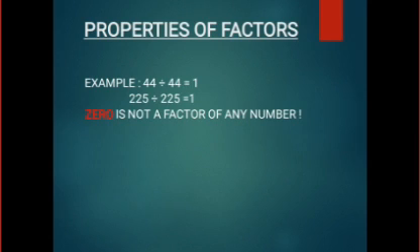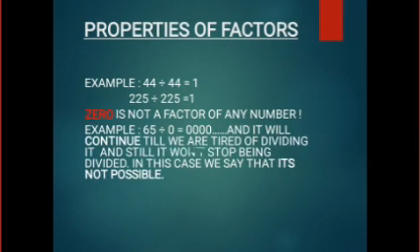Let's see an example where 65 is divided by 0; I get 0, 0, 0, 0, 0 and so on. It will continue till we are tired of dividing and still it won't stop. So we say that it's not possible to divide any number by 0. So the property is that every number other than 0 is a factor of itself.